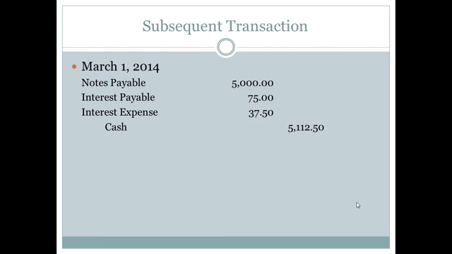So we have cash going out of $5,112.50. Remember, however, we previously accrued that interest payable of $75 in 2013, and now the remaining $37.50 of interest expense is going to be recognized this year in 2014. So that's the subsequent transaction that takes care of recognizing the repayment or settlement of the entire obligation.